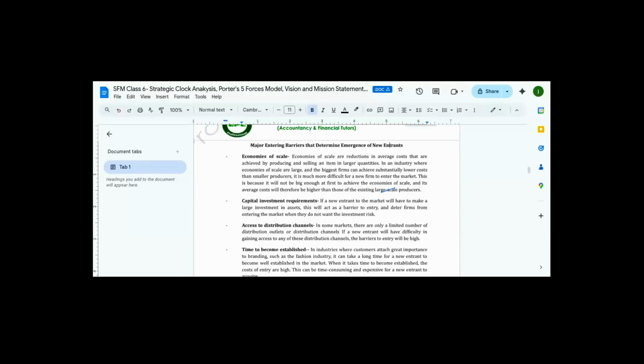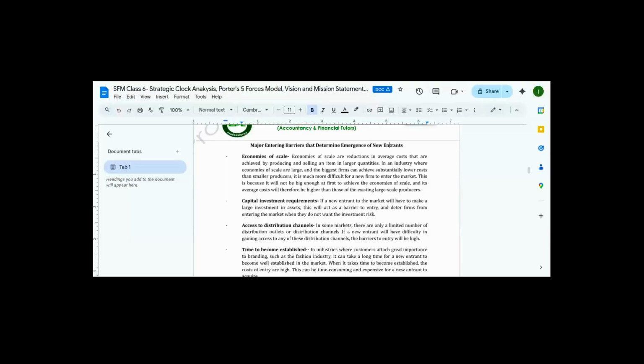That means the new entrants should consider some factors before going into the industry, no matter how attractive the industry. If all these factors that I spelled out are not favorable, the new entrants will wait. They will not launch their products.